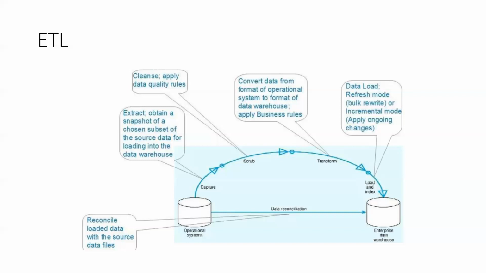Target means where we are creating the data warehouse and data mart. After loading the data into the target data warehouse, we can create those facts and dimensions. So before creating the facts and dimensions, these are the earlier steps. We are loading the data from source to target, and that is the kind of flow we can obtain from this system.